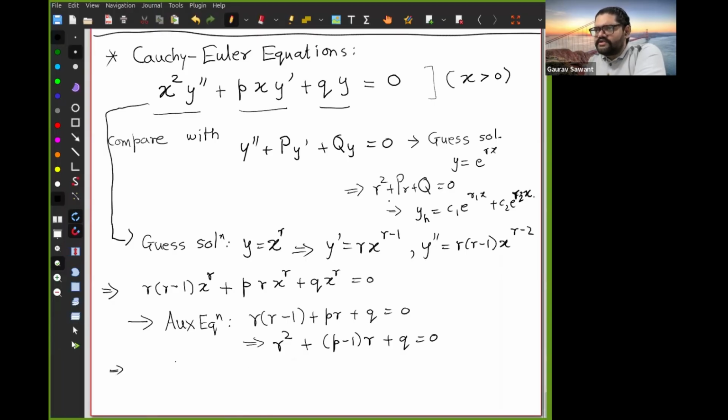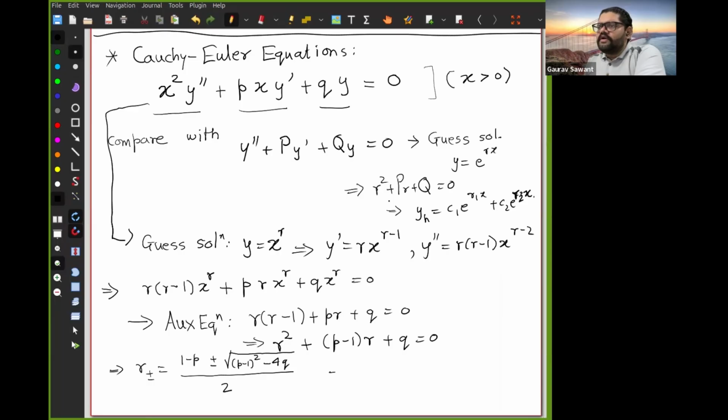Like auxiliary equation, r plus minus is equal to 1 minus p plus or minus square root of p minus 1 square minus 4q, divided by 2. Yes.